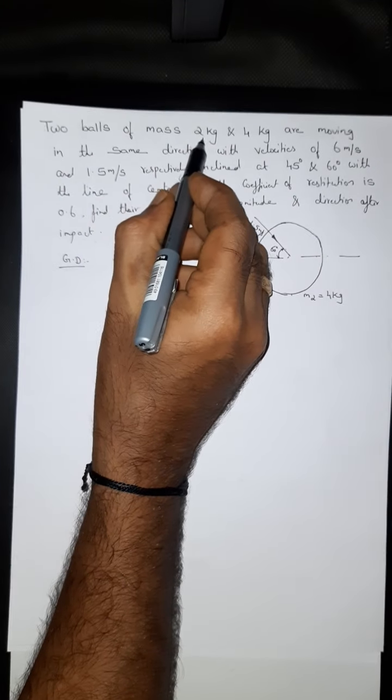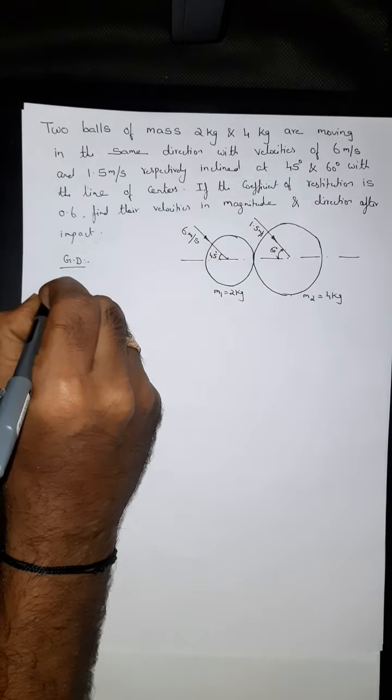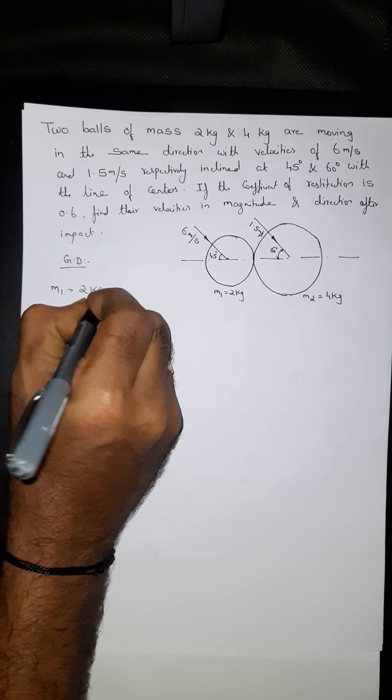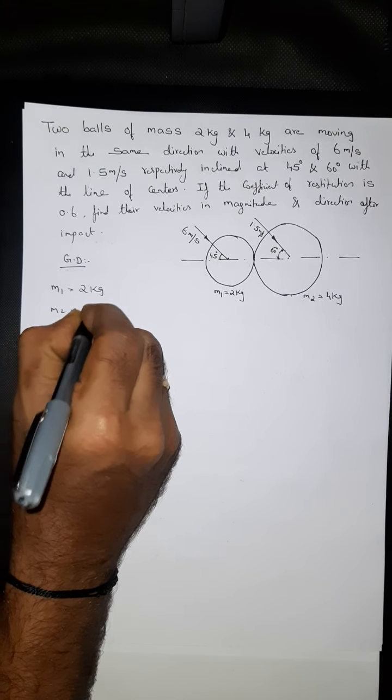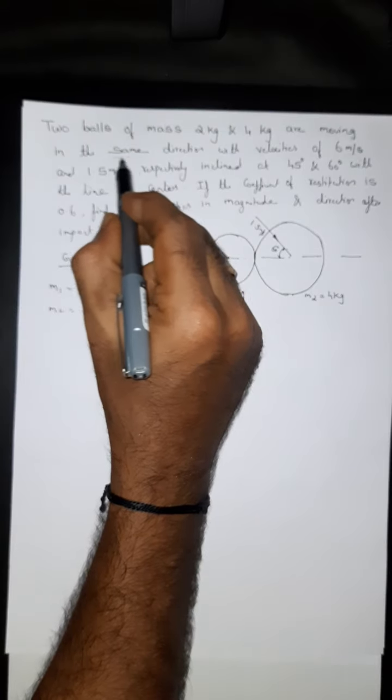Two balls of mass 2 kg and 4 kg, so m1 equal to 2 kg, m2 equal to 4 kg, are moving in the same direction.